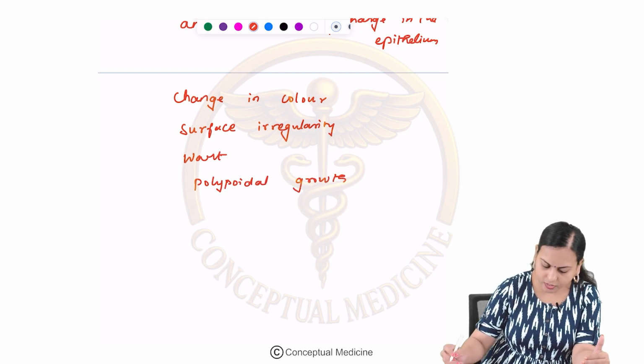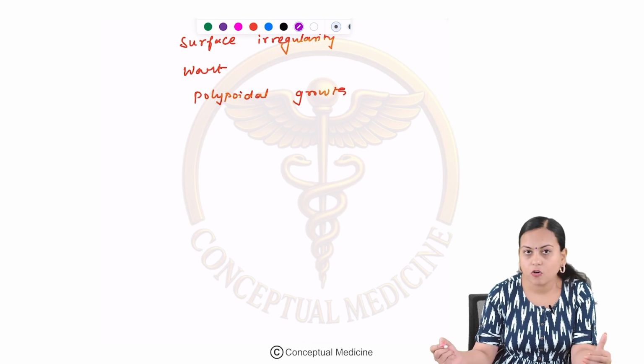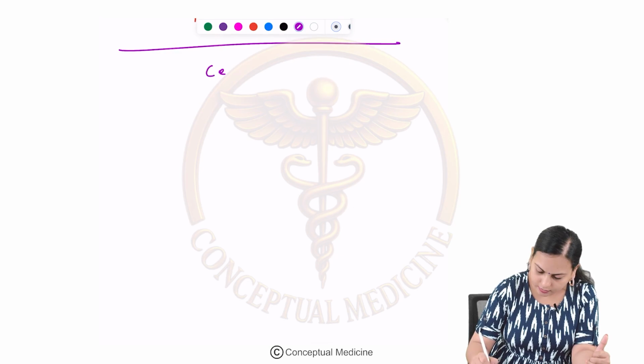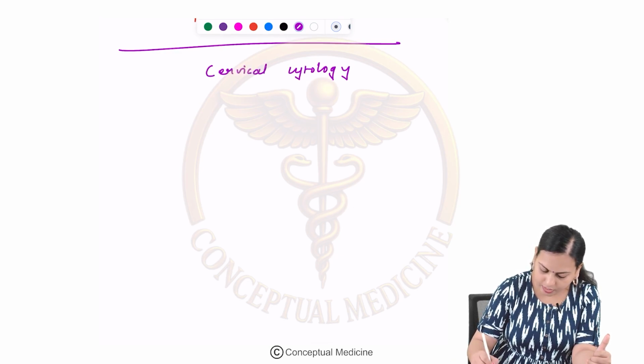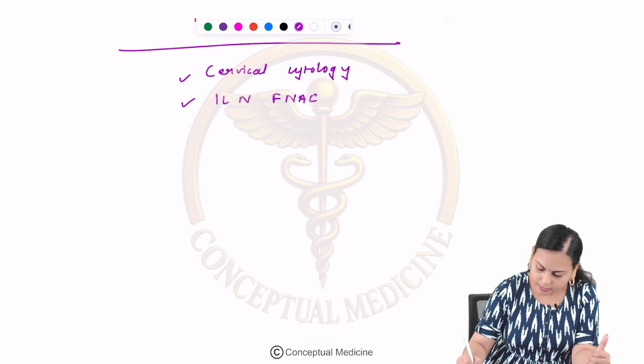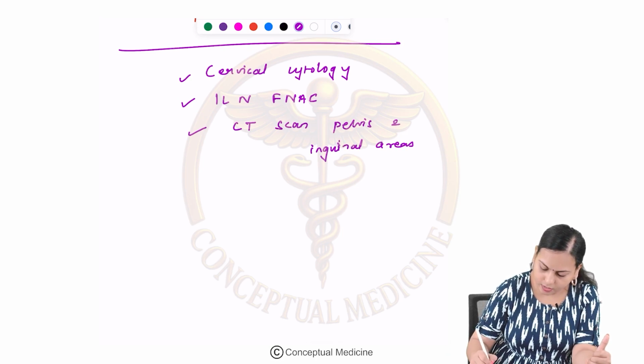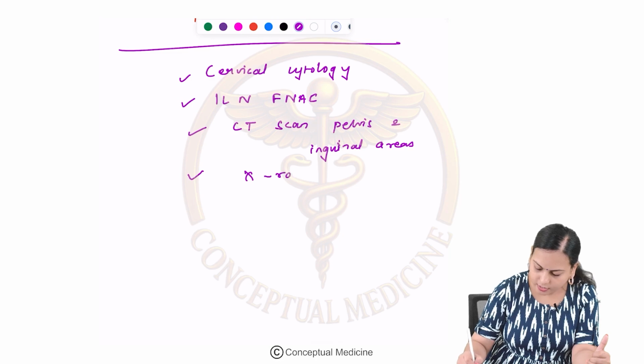Other than this, you can also offer her investigations like cervical cytology, inguinal lymph node fine needle aspiration cytology, then computed tomography scan of the pelvis and inguinal areas, X-ray chest and bone.